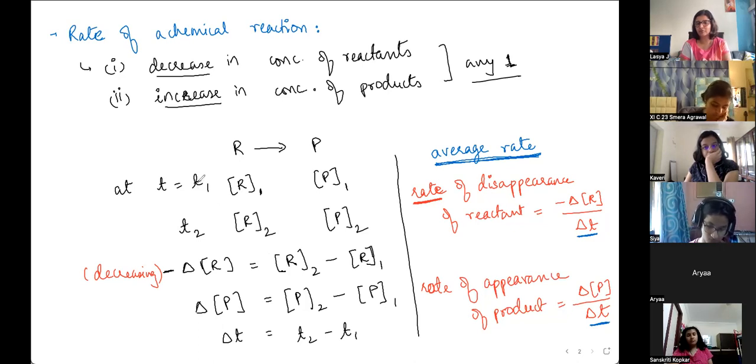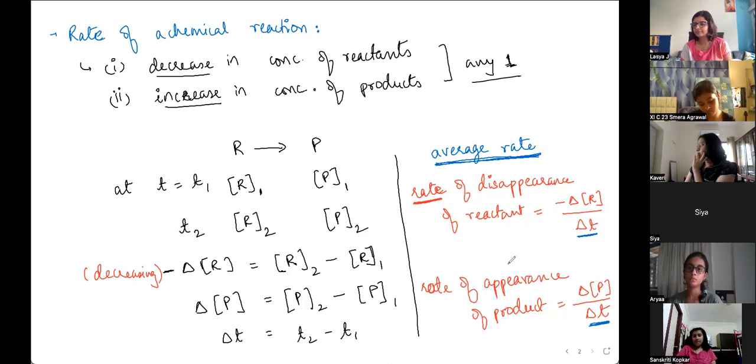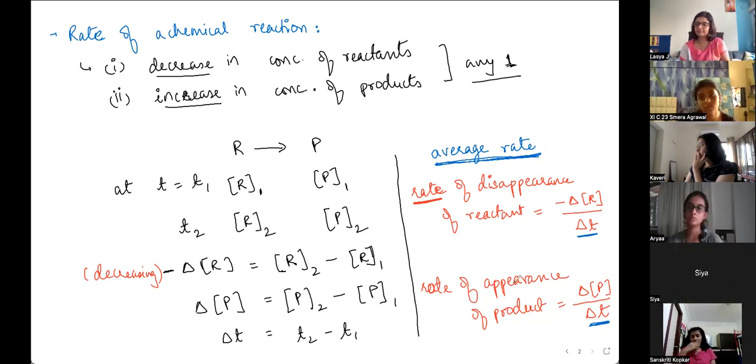You're measuring it over a large time and seeing how much the concentration of reactants and the concentration of products changed. When you measure the rate this way, by subtracting over a range of time, what you get is the average rate. Clear?